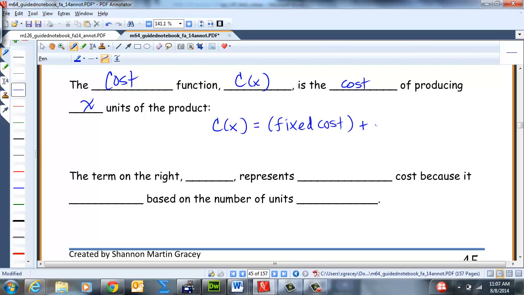And then you have to multiply that by the number of units produced. So C, lowercase c, is the cost per unit. And there are X units that are made or produced.